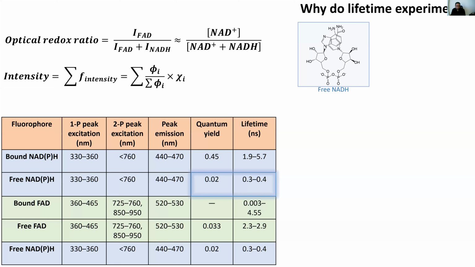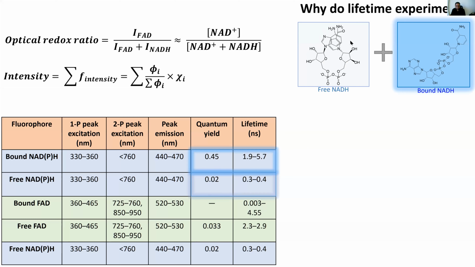And in free NADH, the 2 rings up here collapse, which are in close proximity, so that decreases the quantum yield, and that's shown as 0.02, at a very low level. When they are further apart after binding to protein, they go away and it increases the quantum yield. So that becomes very important.